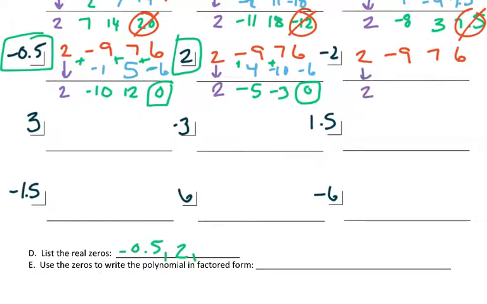Super, continuing on. Alright, we get 2, -9, 7, and 6. Bring down the 2, and we get a -4 when multiplying. Add those together, we get -13. -13 times -2 is positive 26. Add those together, and we get 33. 33 times negative 2 is not going to make you 0.